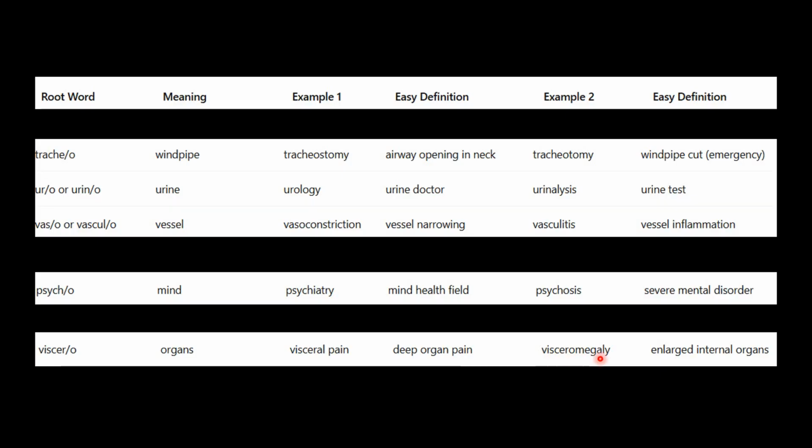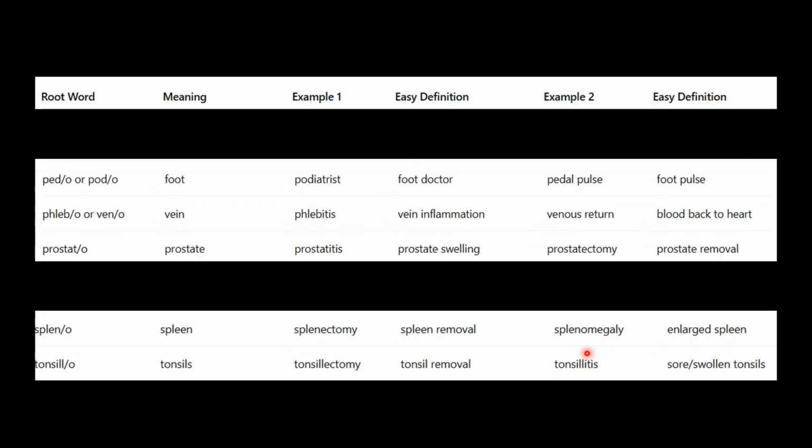Similarly, we have visceromegaly. Visceromegaly means enlarged internal organs. So if the internal organs are enlarged, then in that case we will use the term visceromegaly.